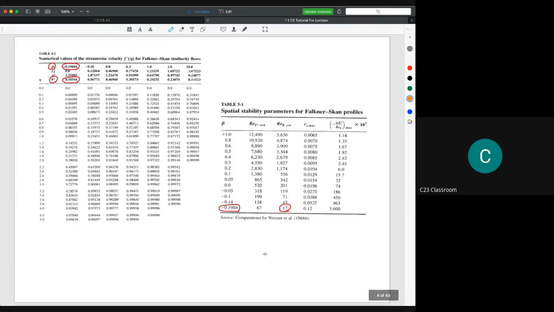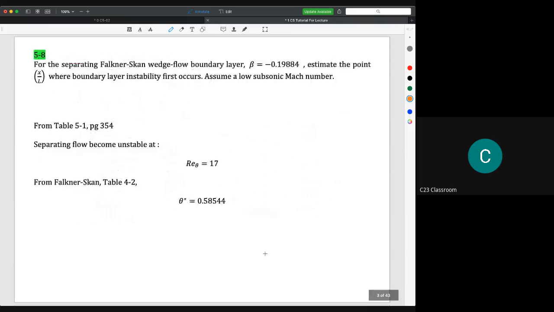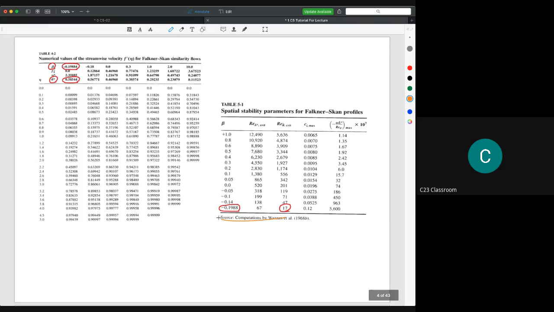So the Reynolds theta is equal to 17, and the Falkner-Skan value of momentum thickness theta is 0.58544. We know that from this table, and also the value of beta equal to negative 0.19884 can be taken from this table.